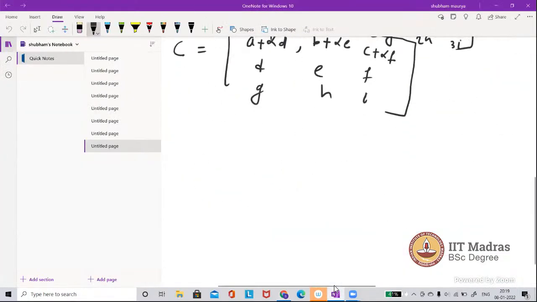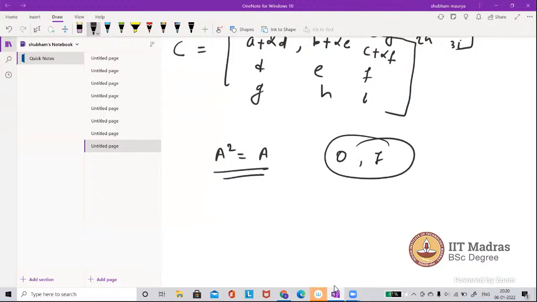So assume a square matrix, we can take of order 2 itself. Suppose a square matrix of order 2, and this is happening. Let's say this is true for the 0 matrix and identity matrix.